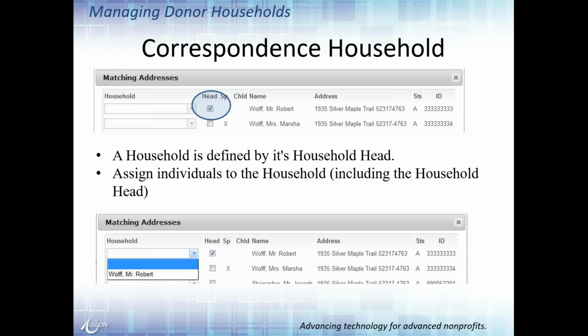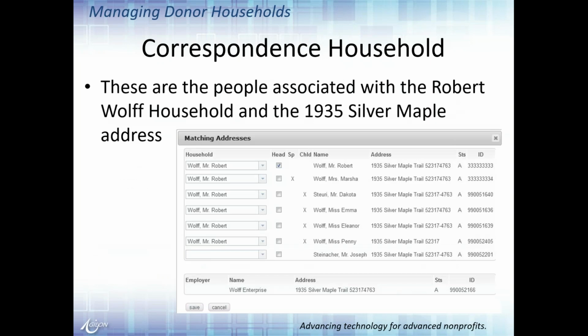So I check this with a head, and then over on the left-hand side, I indicate for that person, Robert Wolf, whose household they belong to. And I will choose myself again. And for everybody that's in my household, so Marcia's in the household, Dakota's in the household, Emma and Ellie and Penny, they're all part of the Robert Wolf household.